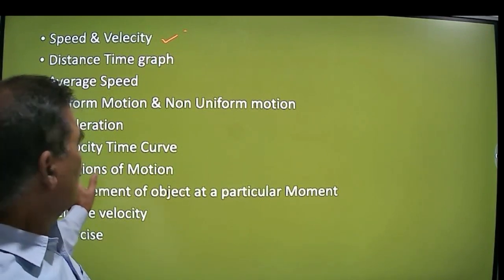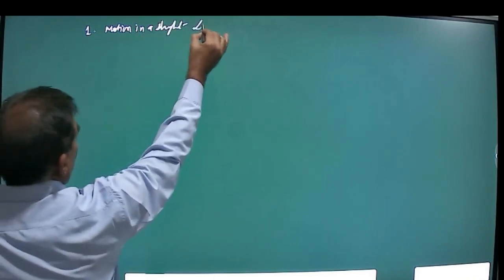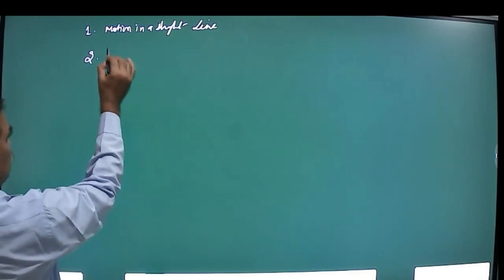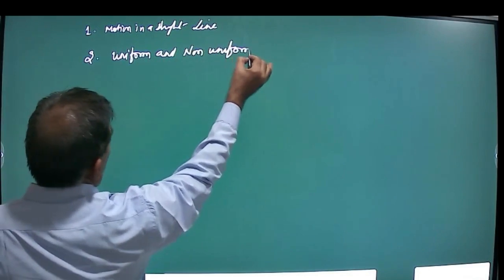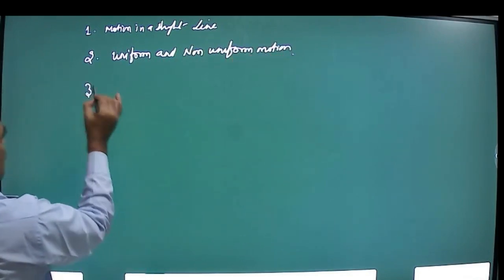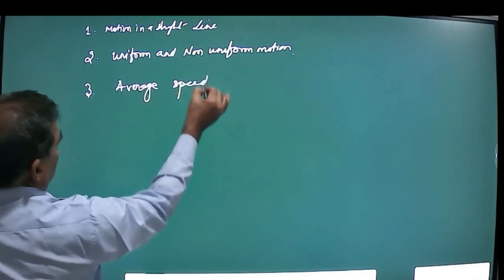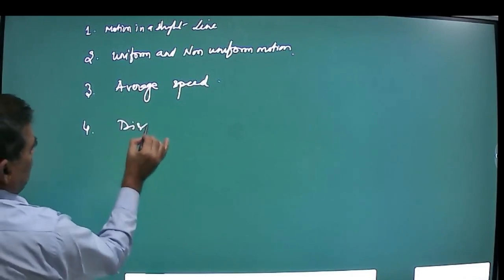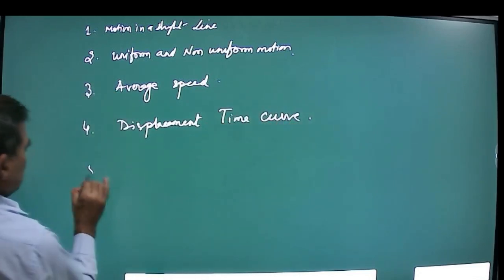Now today what we will do, we will cover motion in a straight line, second uniform and non-uniform motion, third is the average speed, fourth is the displacement-time curve, fifth is the acceleration.